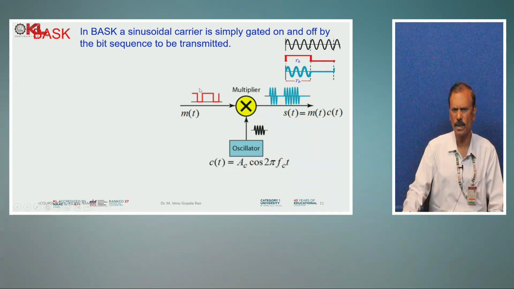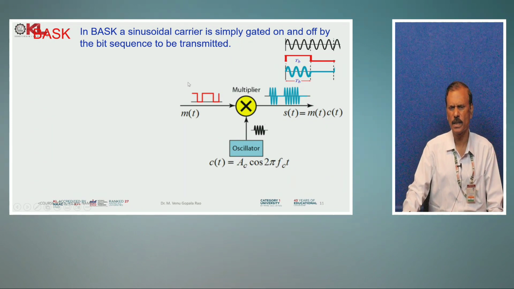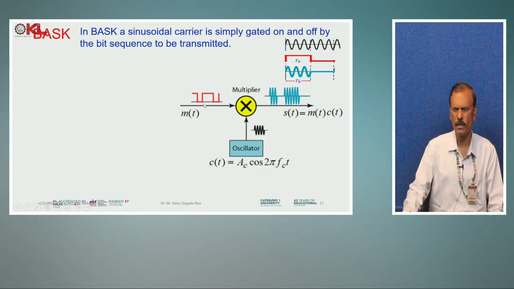In digital carrier communication, the modulating signal is digital, whereas the carrier is analog. So we are simply multiplying. When the signal is high, the carrier signal is transmitted, otherwise it is not transmitted. So the transmitted signal is s of t equals m of t into c of t.